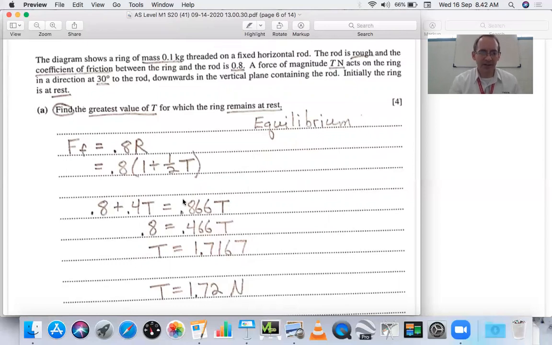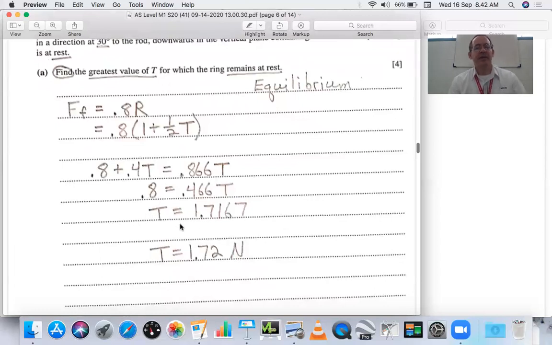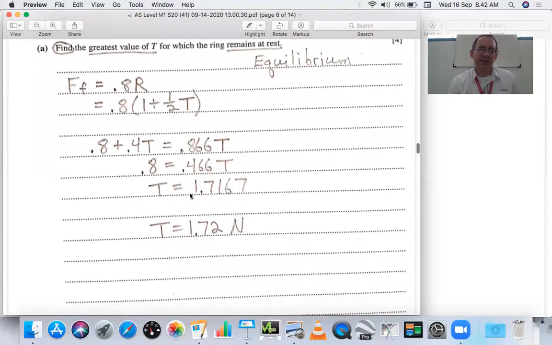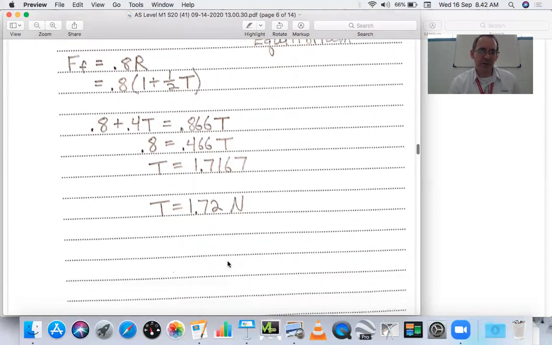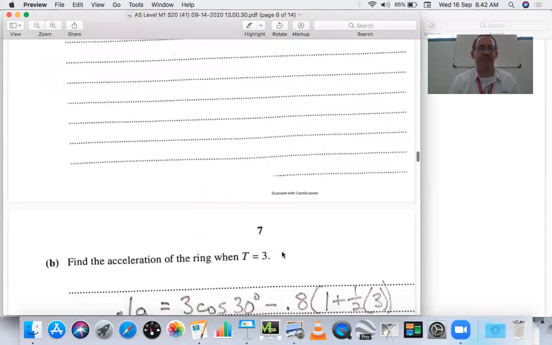Now we can balance our forces in terms of T. So the tension that would keep this system at rest is 1.7167, or to 3 significant figures, 1.72 newtons. So that's our tension that will keep it in equilibrium.